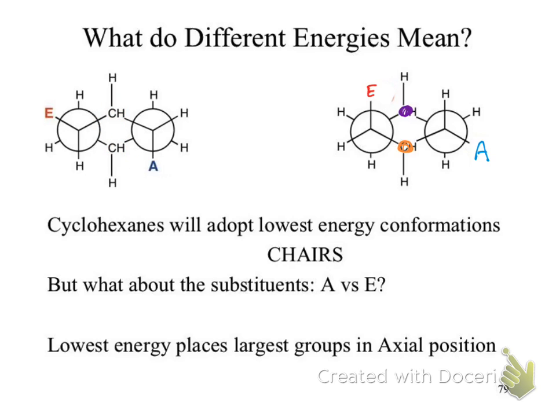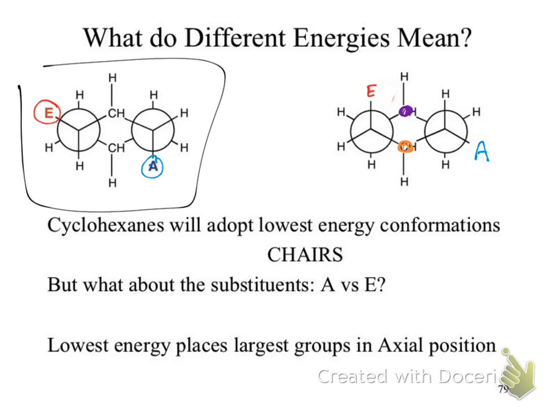Can I make the argument that A has the same energy as E in this Newman projection? No, they're Newman projections, so what should I be looking for? Staggered conformations, which only really work for ethane.